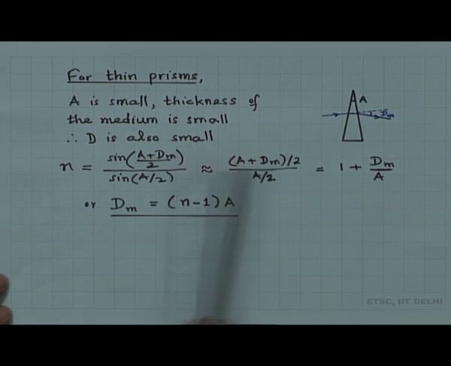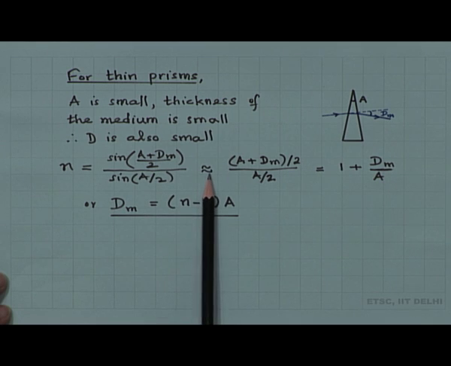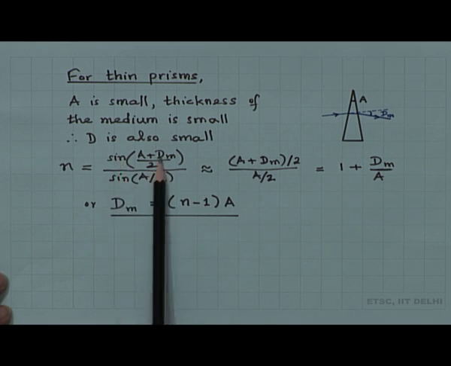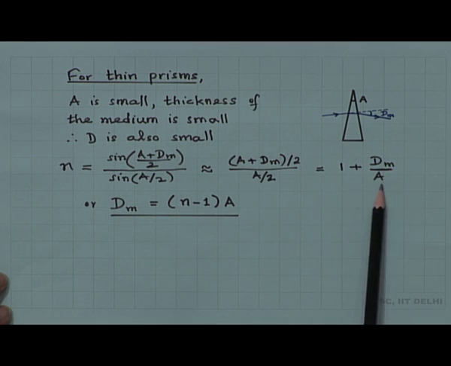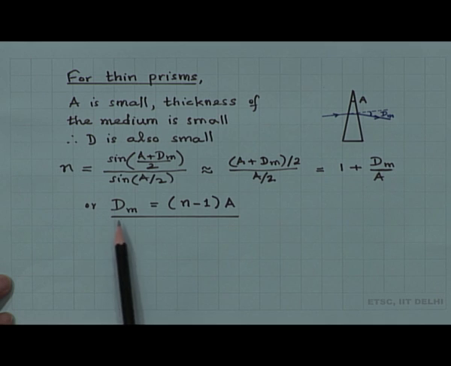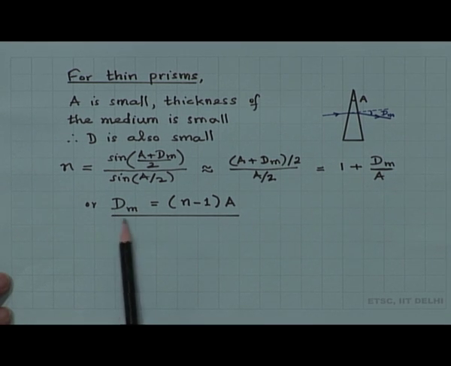And therefore n, which is given by this formula that we have derived, can be approximated, since sin theta can be approximated to theta, as (A plus Dm) by 2 divided by A by 2 when A is very small, which is equal to 1 plus Dm by A. We can divide this and see that this is 1 plus Dm by A. In other words, Dm, the angle of minimum deviation, is equal to (n minus 1) times A. We can clearly see that when A is very small, Dm is also very small.